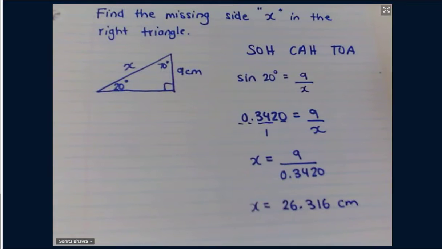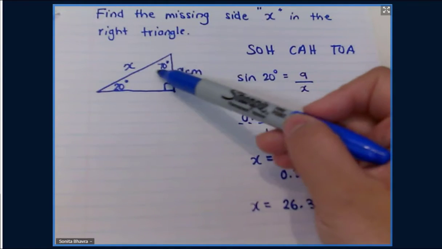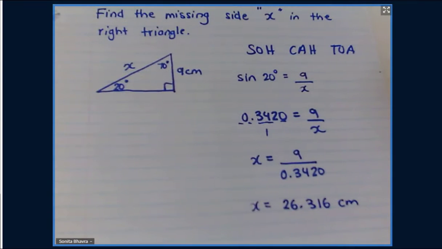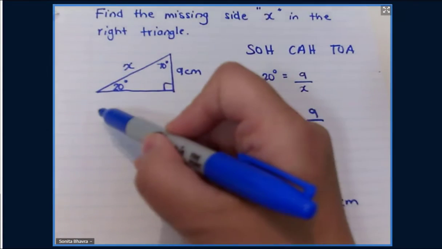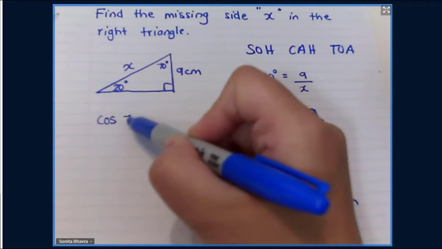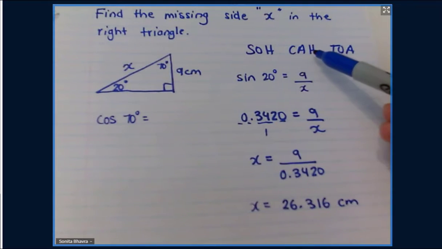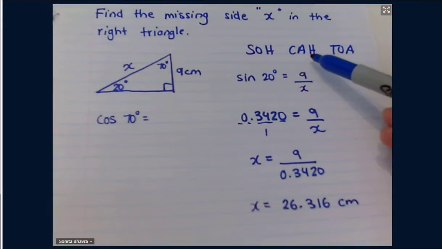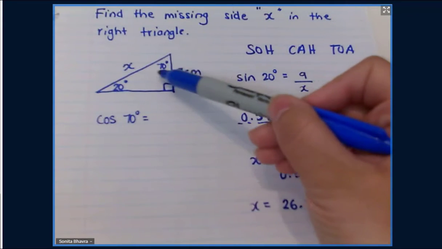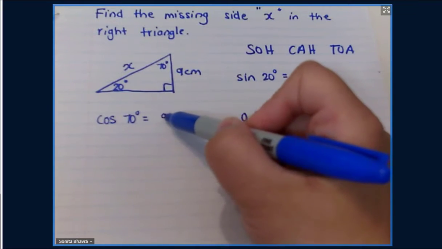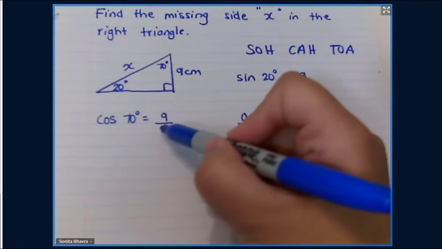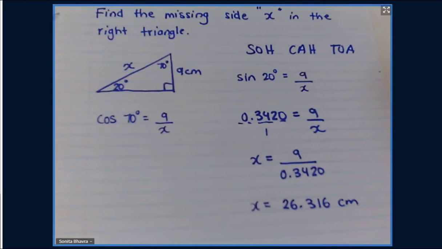Now, we could have also used this angle here as well, 70 degrees, and we could have used our cosine of 70 degrees to solve for this as well. So I'm just going to use that ratio over here, the cosine of 70 degrees, which is adjacent over hypotenuse. All right, so adjacent to 70 degrees is the 9 centimeters, and our hypotenuse is still x. Okay, so now you could use your chart to figure out what cosine of 70 degrees is.